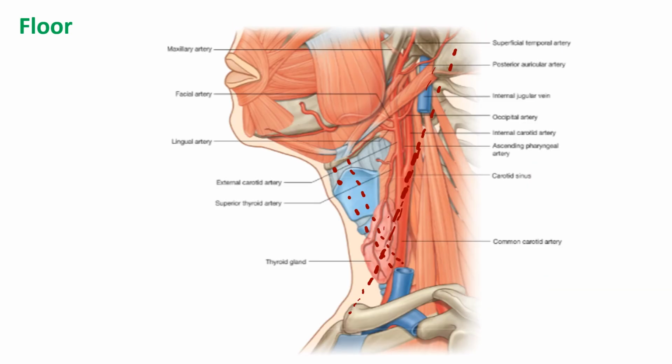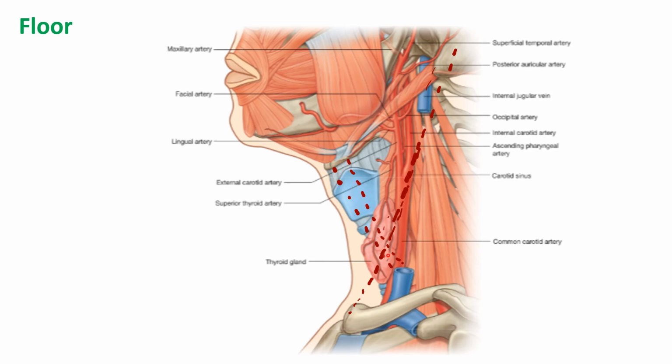Now, what are the muscles which are going to be forming the floor of these triangles? Please remember again that in the floor of these triangles is present the skeletal framework of the larynx and the hyoid bone. So all the muscles which are going to be attaching to them will be forming the floor of these triangles. So this is the posterior belly of digastric with the stylohyoid, which you can see is splitting around the intermediate tendon of digastric.